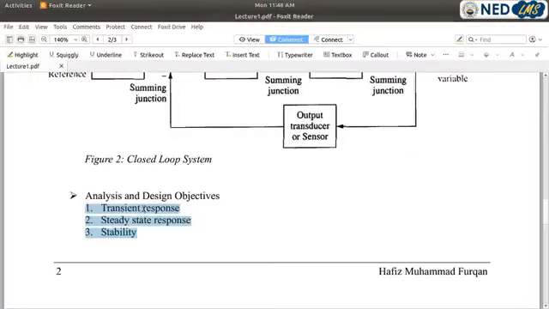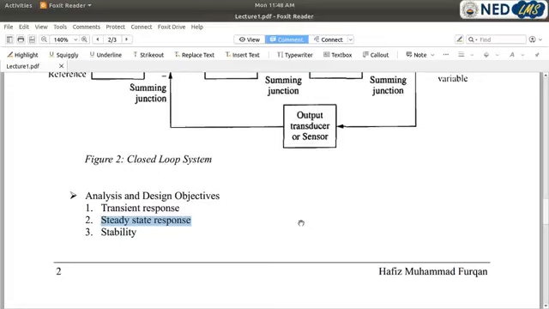Another analysis and design objective focuses on the steady-state response. This response is what remains after the transient response has decayed to zero. So it resembles, or must resemble, the input to the system, which is the desired response. We are concerned about the accuracy of the steady-state response.